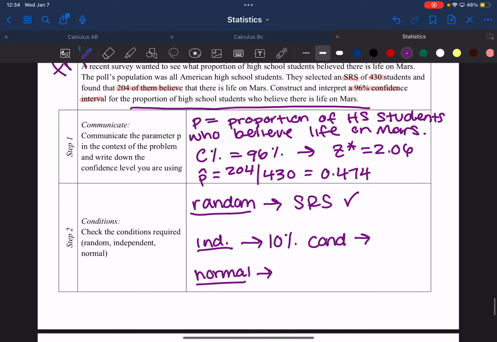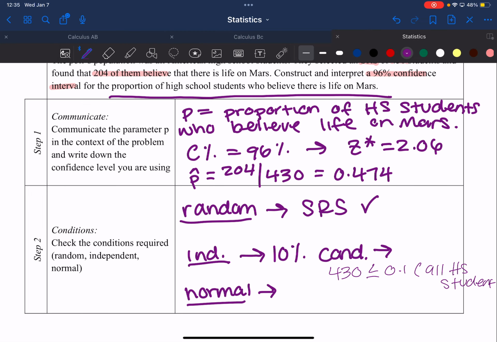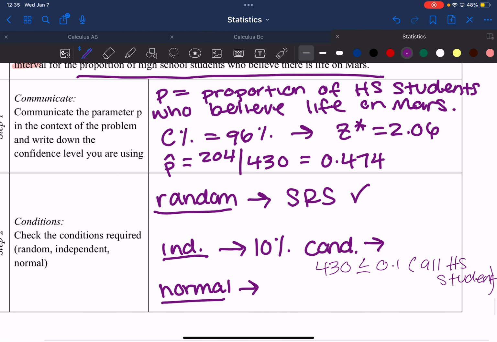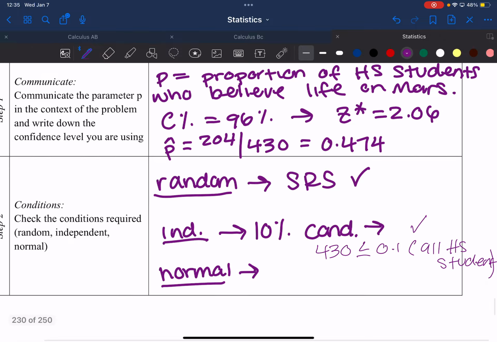So we would write that 430 students is less than 0.1% of all high school students. Would you say that this is a safe assumption? Yes, I would say there's more than 4,000 high school students in the entire world. So safe assumption, check mark.